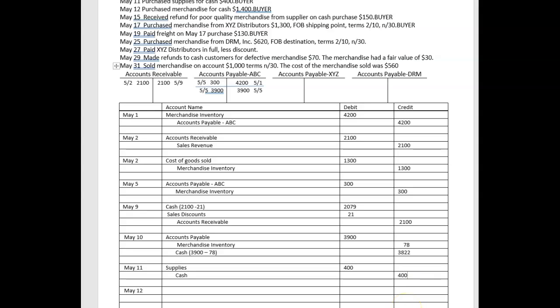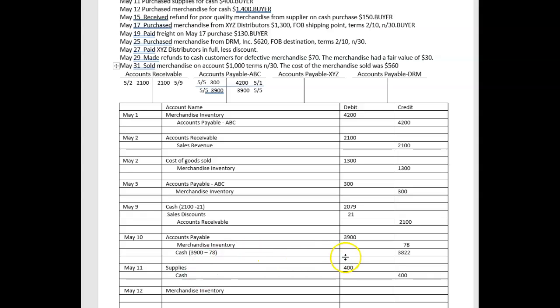All right, let's move on to May 12th. May 12th, purchase merchandise for cash, $1,400. So Artie's the buyer, and they're going to buy some more inventory. So we are going to debit, increase, the merchandise inventory. Let me spell this correctly.